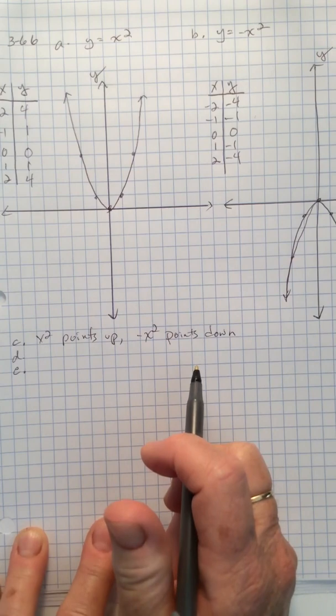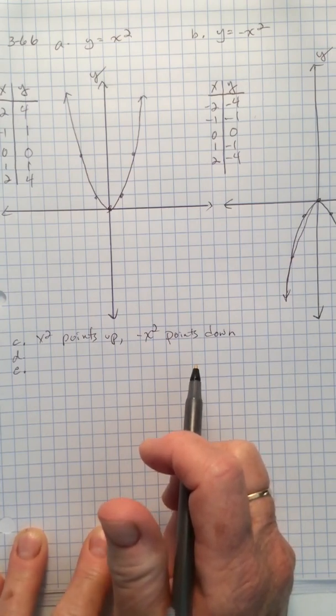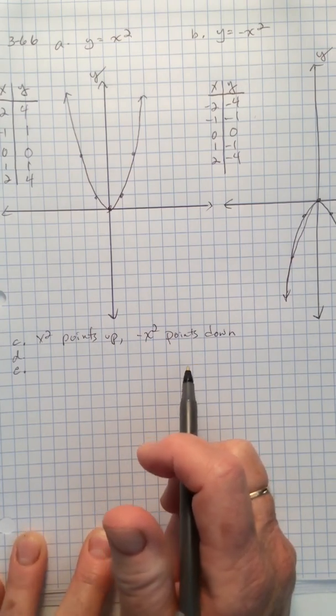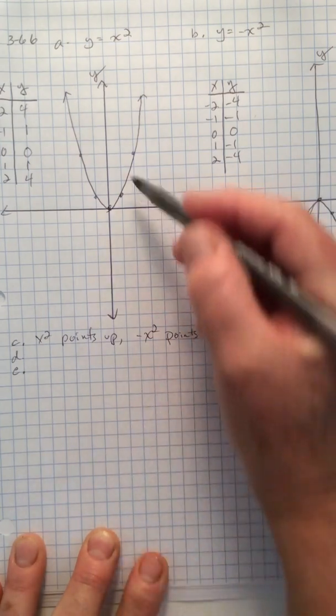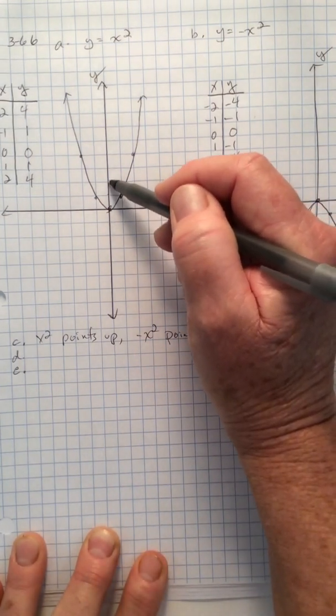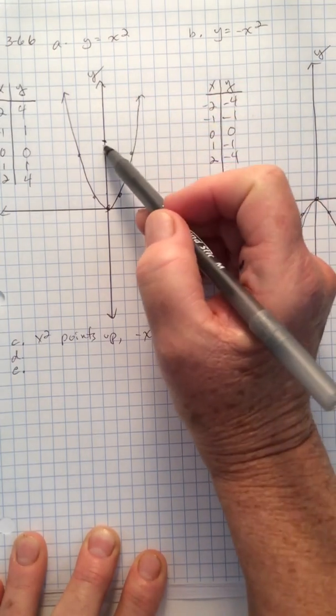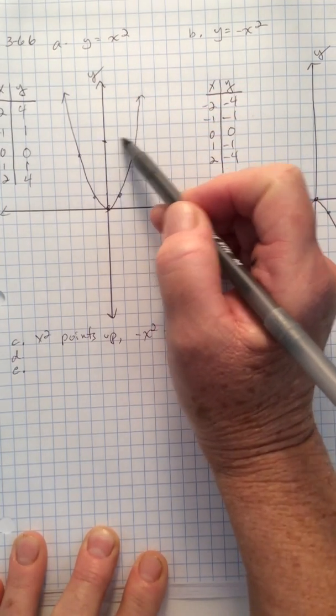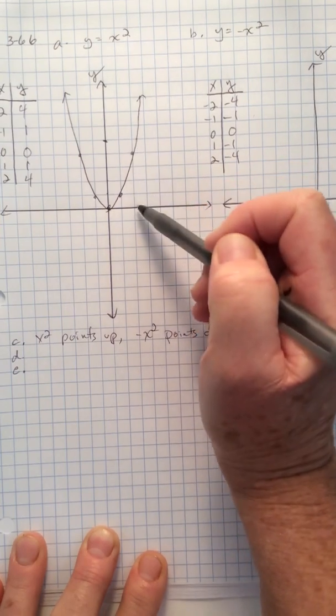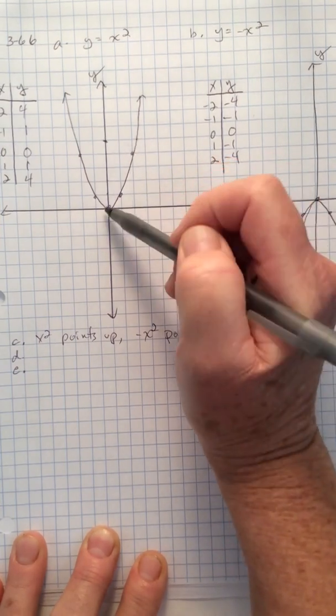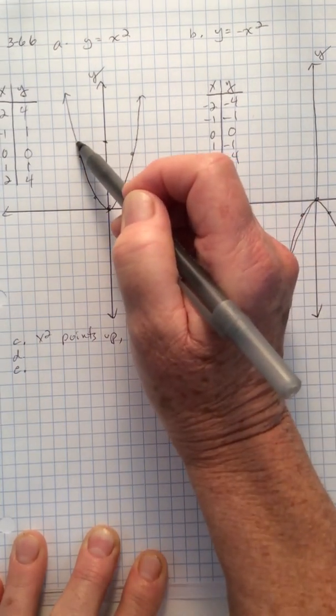D asks, for the graph of y equals x squared, estimate the x values corresponding to y equals 5. 1, 2, 3, 4. This is 5 for y. The x values that would give me that are a little bit more than 2 and a little bit more than -2.